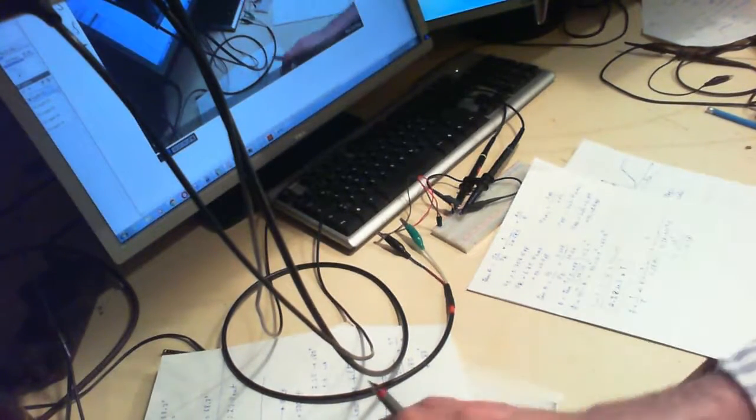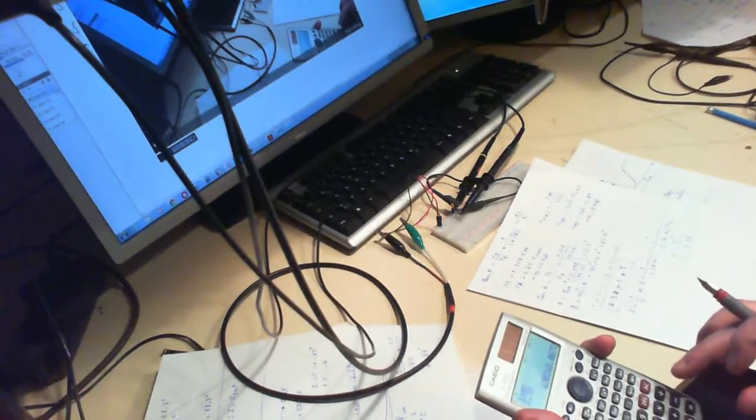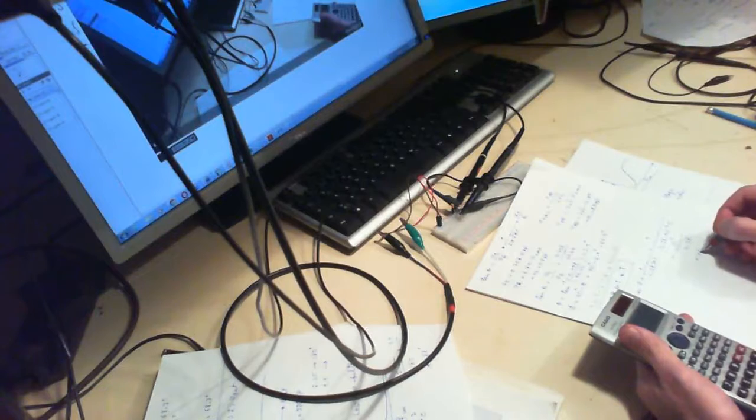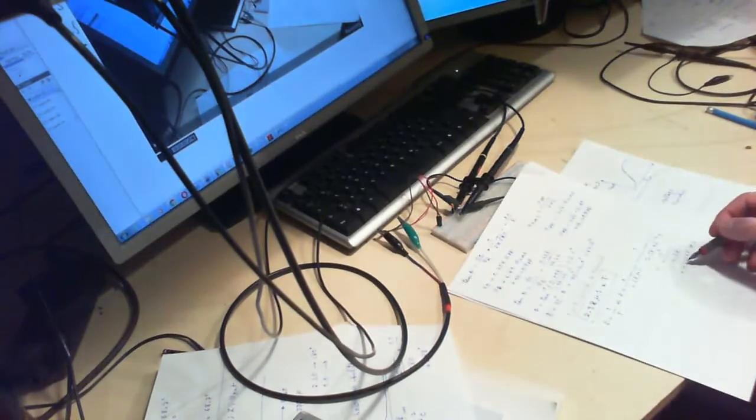Now this is equal to 1 times 10 raised to the power 6 over 2.38, which gives you 421.68 kilohertz. And the frequency is in hertz.